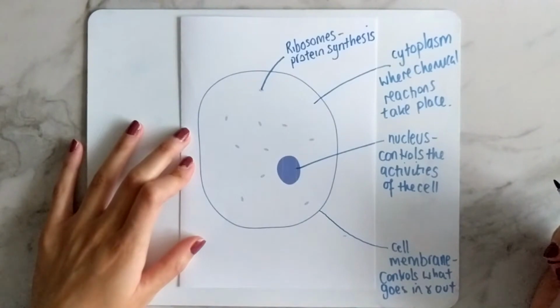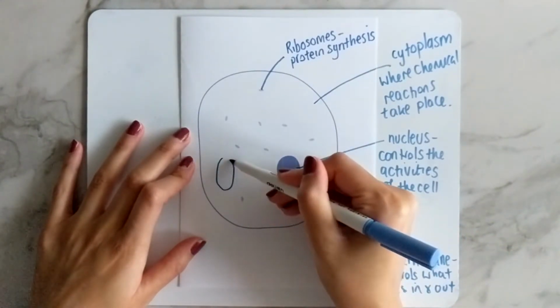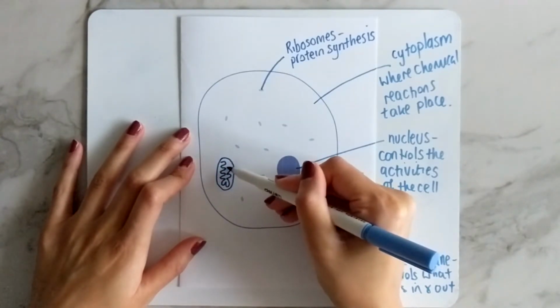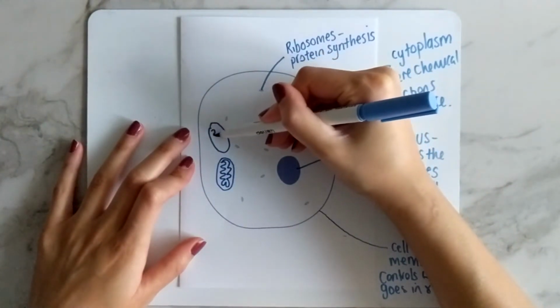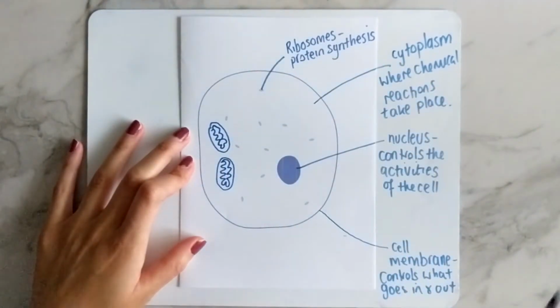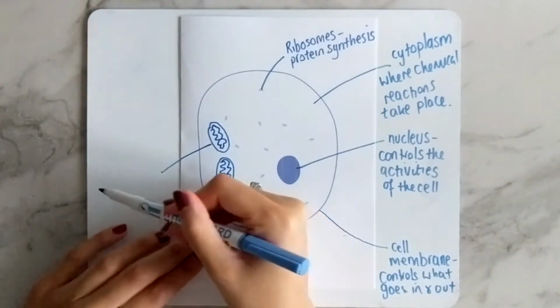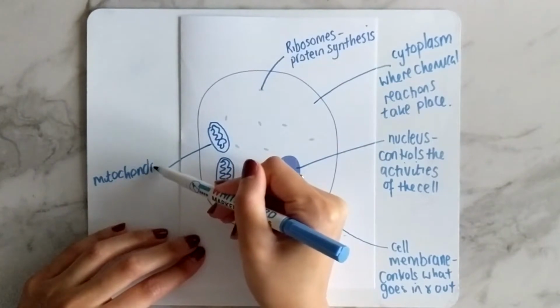So there's one thing missing from this diagram actually, so I'll just draw it in here, and that's mitochondria. So mitochondria have lots and lots of folds like this, and that's how you're able to recognise them. These folds here increase the surface area of the mitochondria, because this is where energy is released.